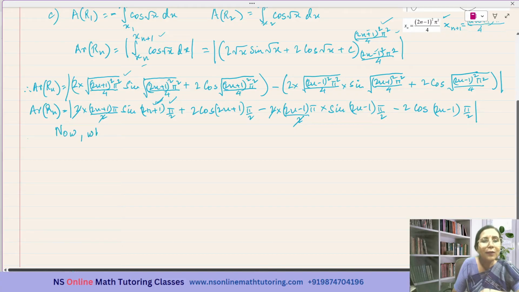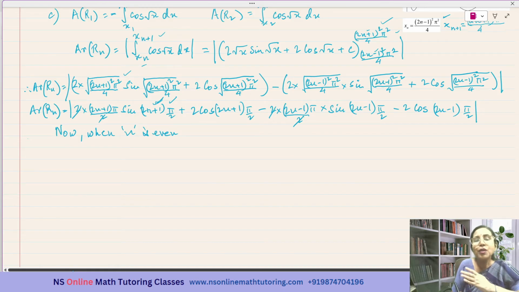when n is even, first of all, let me take when n is even, because n can be an even number, n can be an odd number. Okay. So when n is even, n is a positive integer. So n can be either a positive even number or n can be a positive odd number.